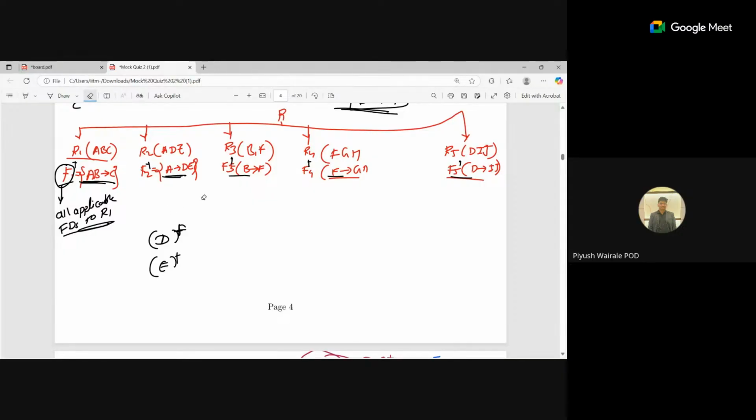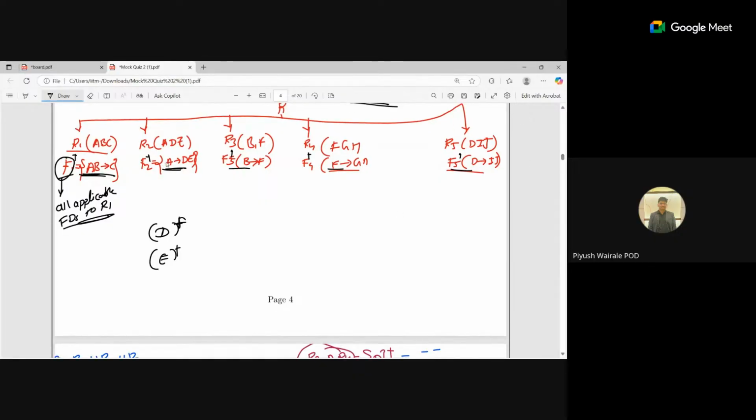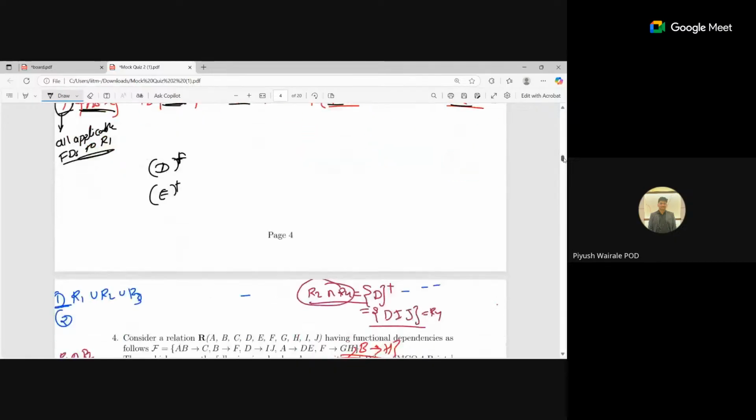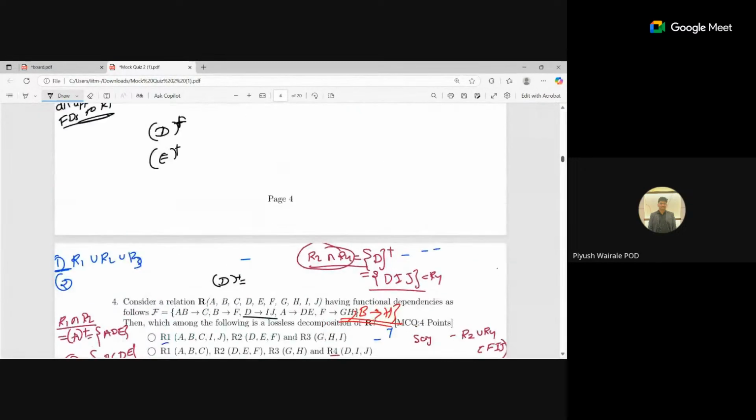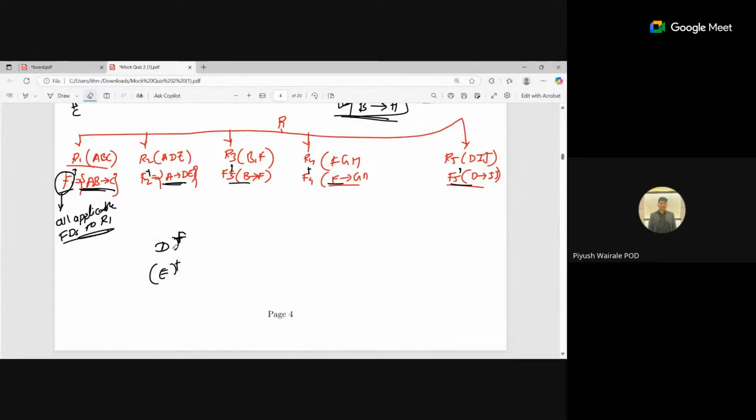Or can E determine AD? Because that would be applicable here, so we have to check. If you take the closure of D and E, because if I take the closure of A, anyway all attributes are getting covered, so I am left with D and E only. If I take the closure of D, what am I going to get? D only. E only. So no. And DE only. So that's it, no functional dependencies here.